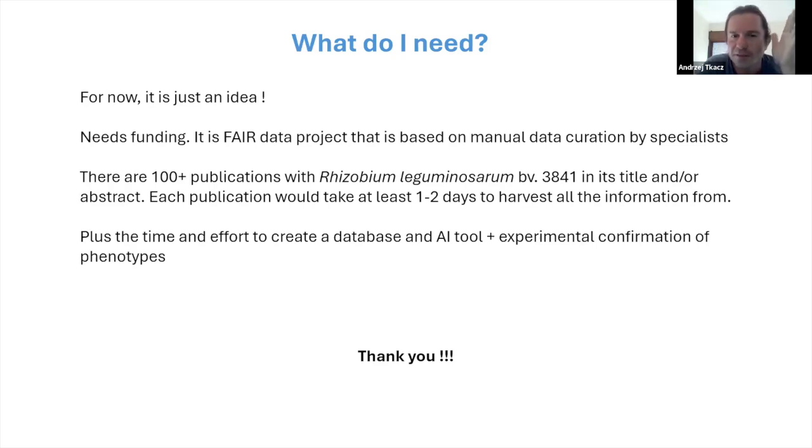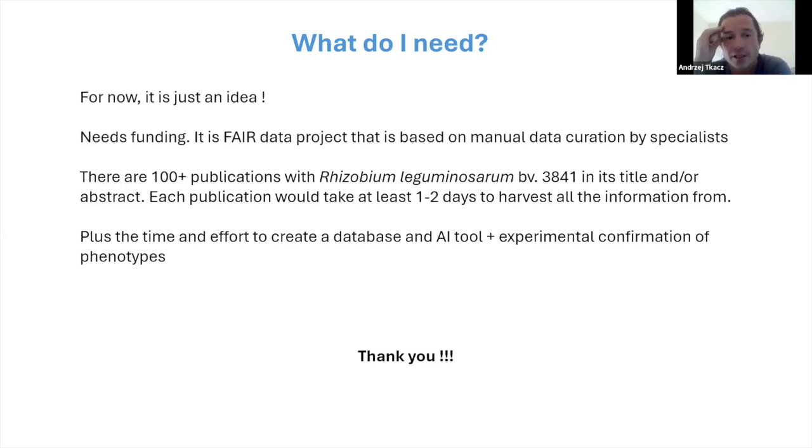And I predict that once it gets going, it will take like one to two days to harvest the information, which is very optimistic, because I tried to do two papers and at some point I gave up. My spreadsheet was just expanding and expanding in possibilities.